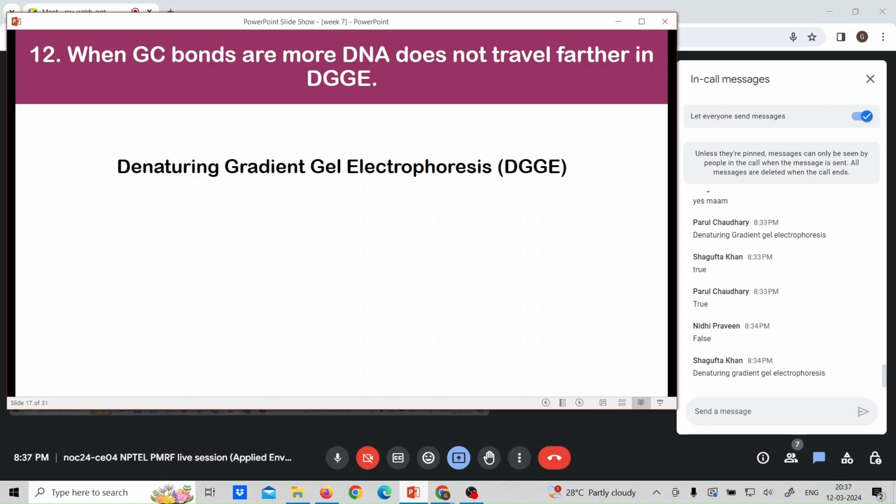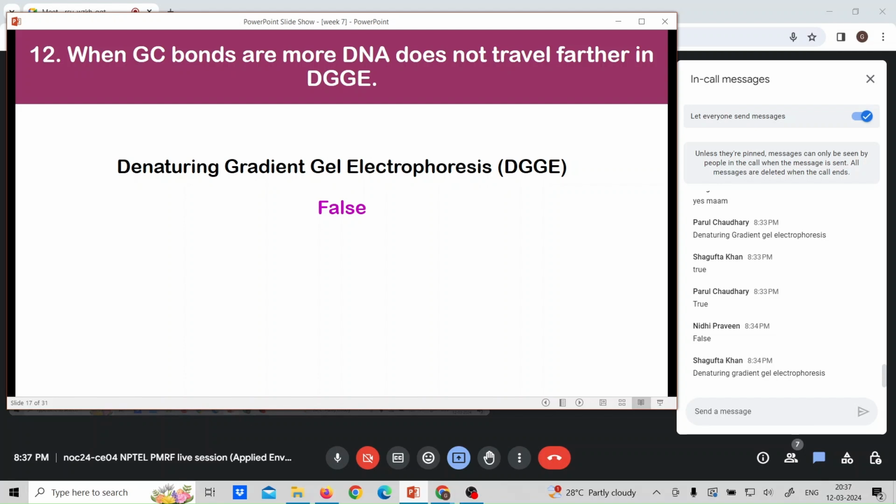The statement that DNA does not travel farther in a DGGE is false. It will travel farther in a DGGE because this is a gradient electrophoresis. In a normal electrophoresis, the heavy molecules will not travel farther, but it's a gradient electrophoresis.